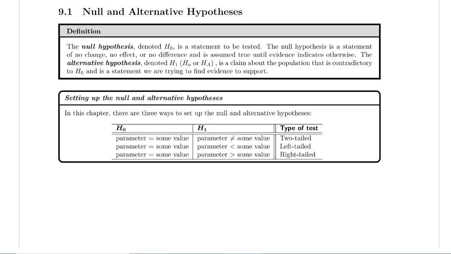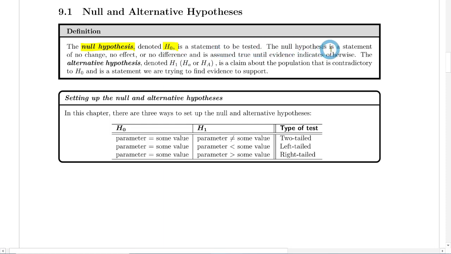We can make claims, but we also need to have some sort of status quo as well. So the null hypothesis, let me get my highlighter out, and I encourage you to as well, is denoted by H sub 0, sometimes said as H naught if you've taken physics. And usually in statistics, we just call it the null. And that's the statement to be tested.